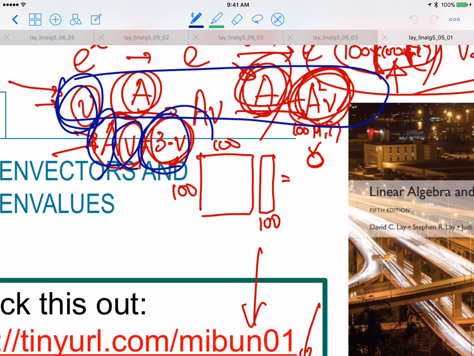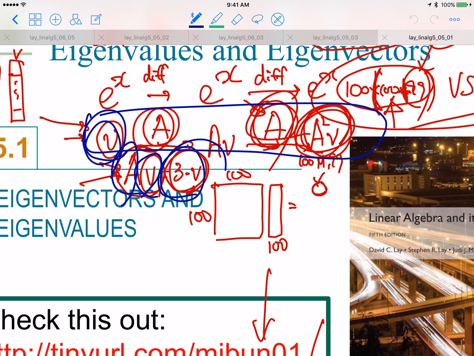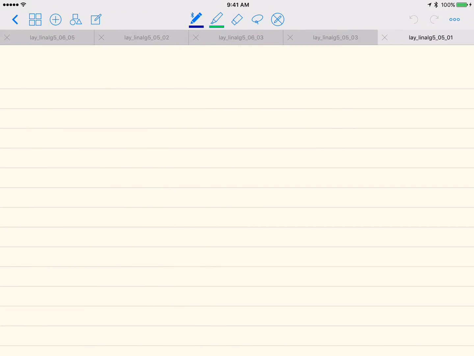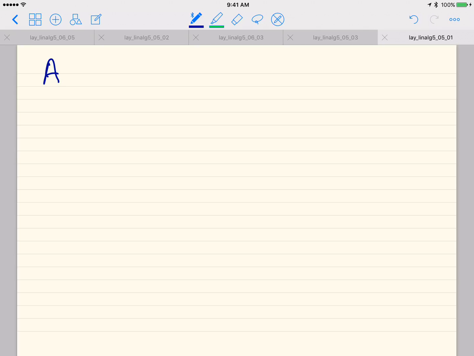If you remember, the key aspect of eigenvalues and eigenvectors is this: given a particular matrix A, you consider some special vector V such that the matrix-vector multiplication with A becomes just a simple scalar multiple of the original vector.